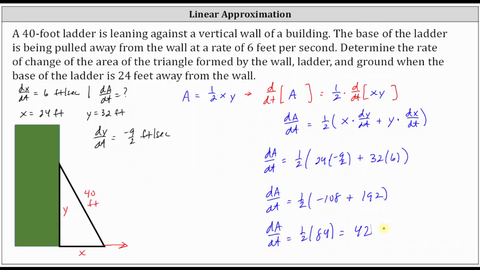The units here would be square feet per second. So under the given conditions, the rate of change of the area of the triangle is 42 square feet per second, or we can say the area is increasing at a rate of 42 square feet per second. I hope you found this helpful.